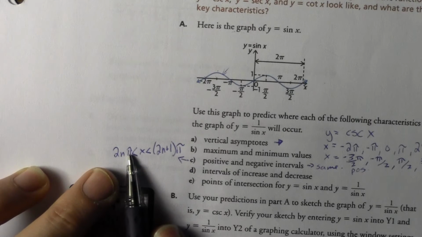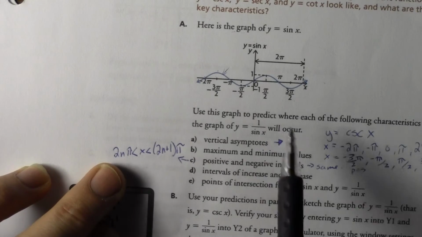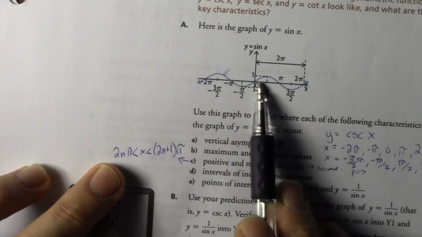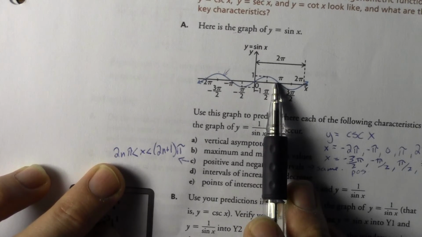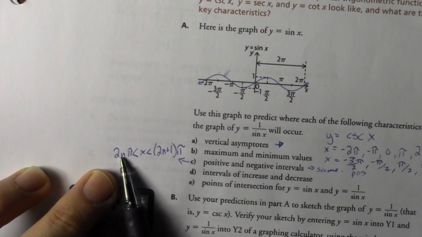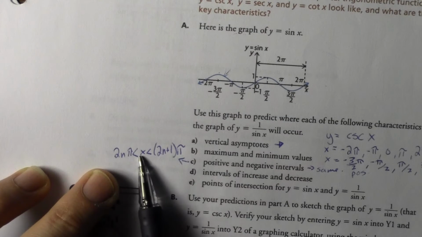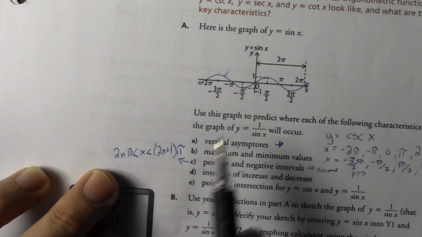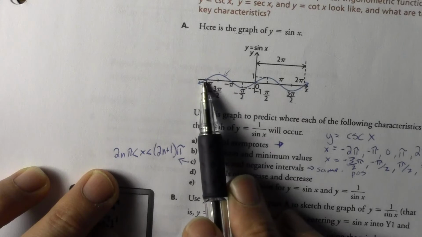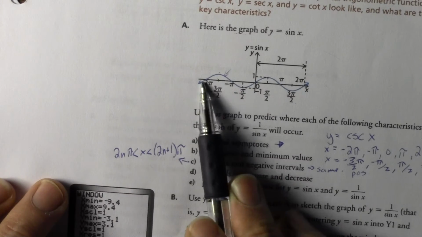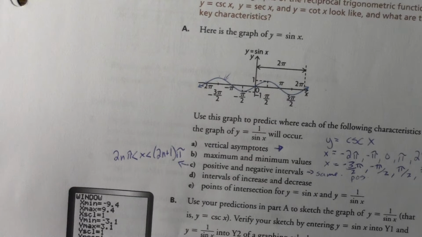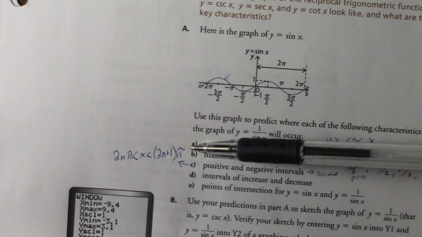So 2n pi, so if n is 0 here, we would have where it's greater than 0 but less than pi. You see that? So there's my positive interval, greater than 0 but less than pi. If n is, let's say, -1, it's going to be greater than -2 pi but less than -pi. Those are your intervals. Any questions there? They're tricky. Took me a little while to come up with these.